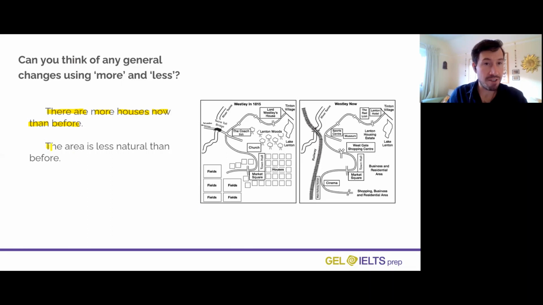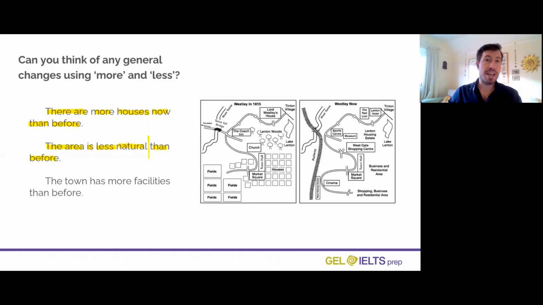So we've got the area, we've got the verb is, we've got less, and then the adjective natural, and then we've got than plus before. Now here, there's actually an invisible now. So you could say the area is less natural now than before, but you don't have to put it there, that's optional.